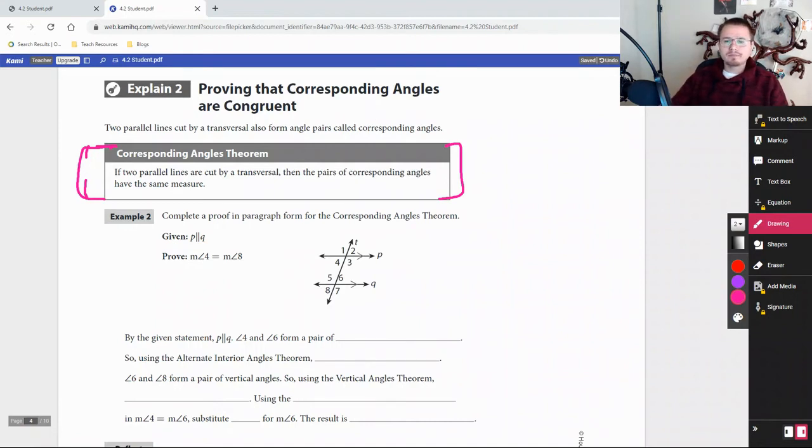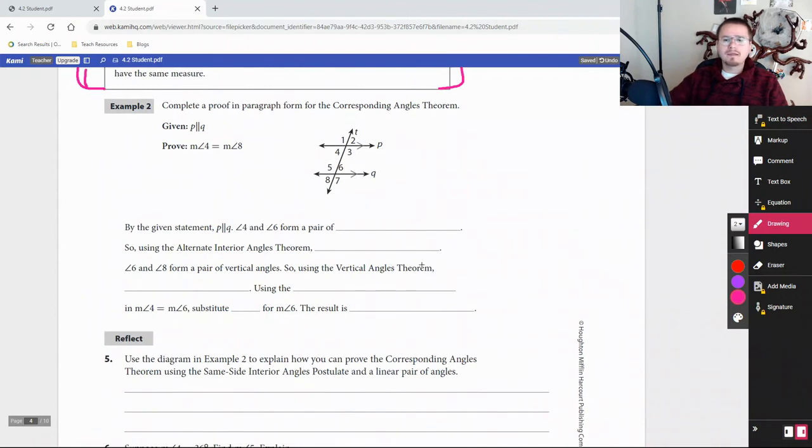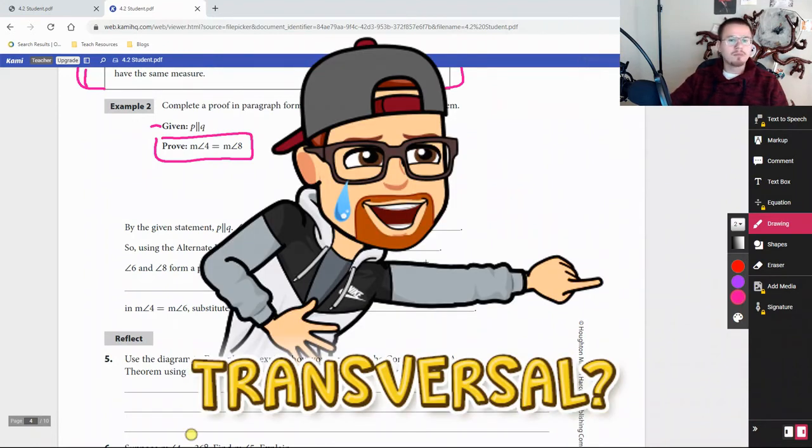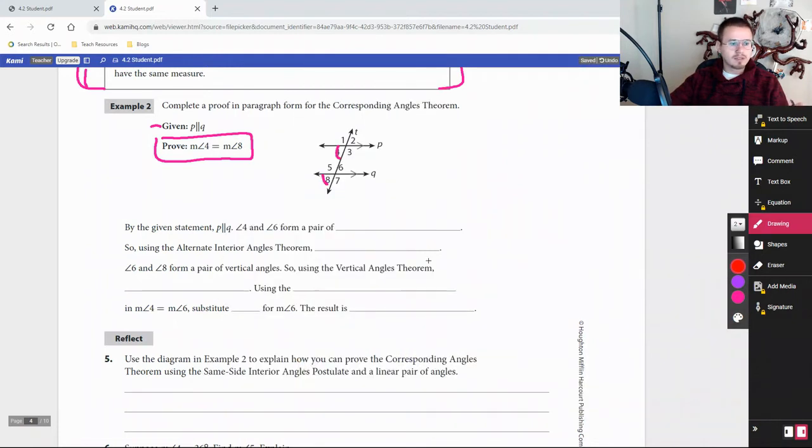Alright. We're given a diagram, the same diagram we're working with. We're given some info and we need to prove that measure 4 is equivalent to measure 8. So, by the given statement, 4 and 6 are not on the same side, so they're alternate interior angles.